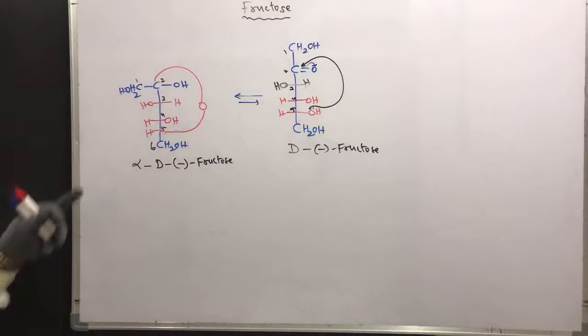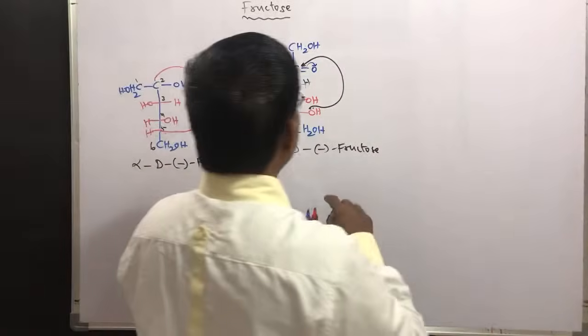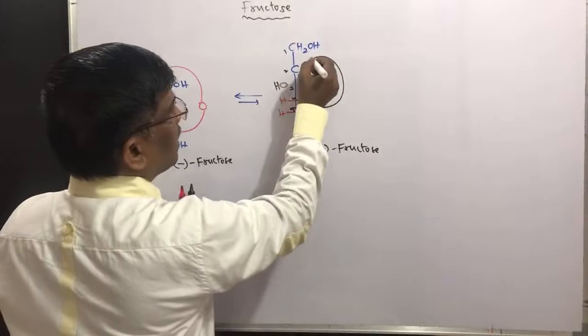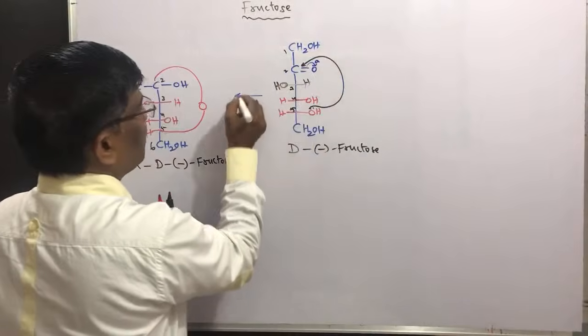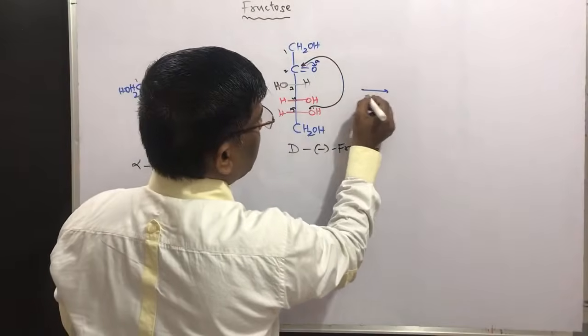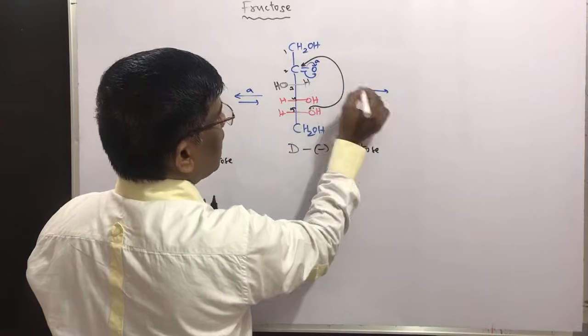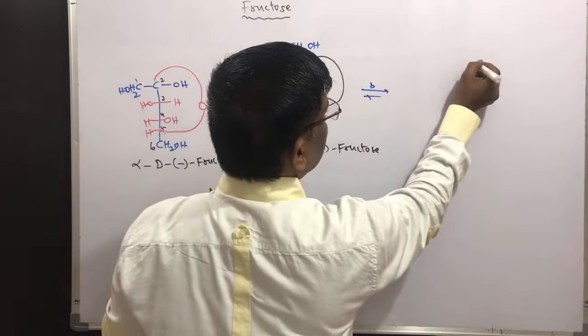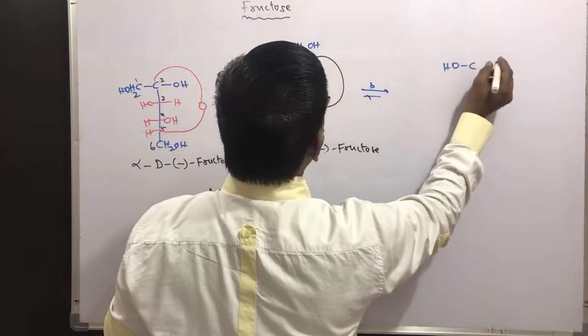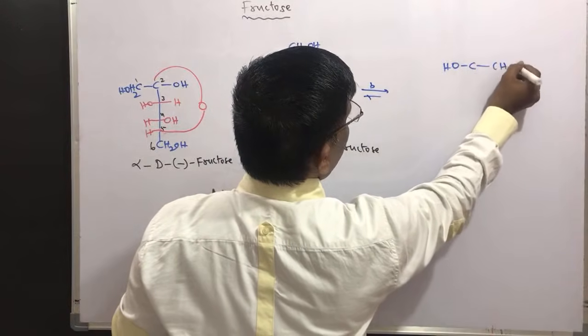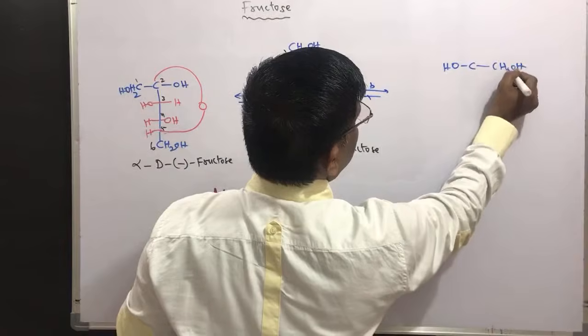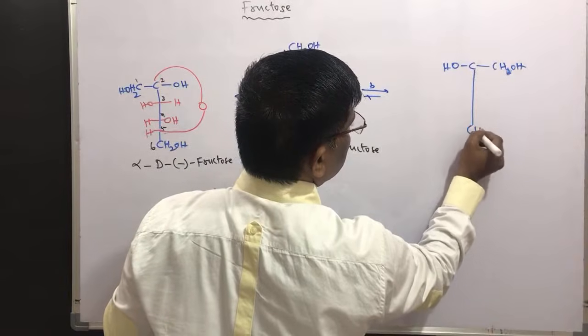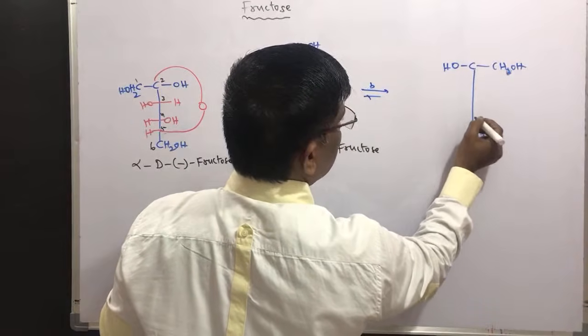Yes? So this is the Fischer projection. And similarly, what I wrote is A. And if it opens towards the left side, say it is B. It is going to give, this is OH and this side is CH2OH and the remaining CH2OH.